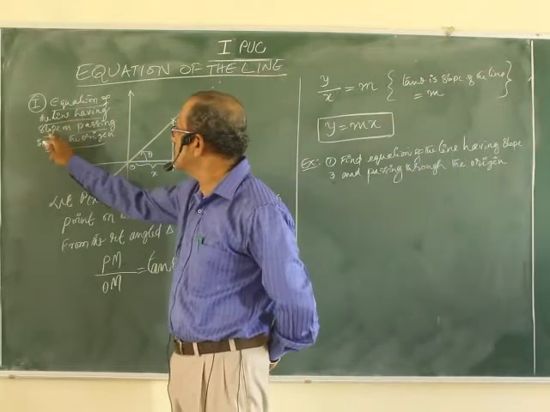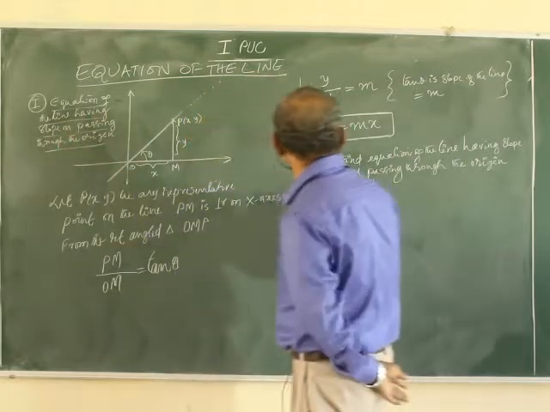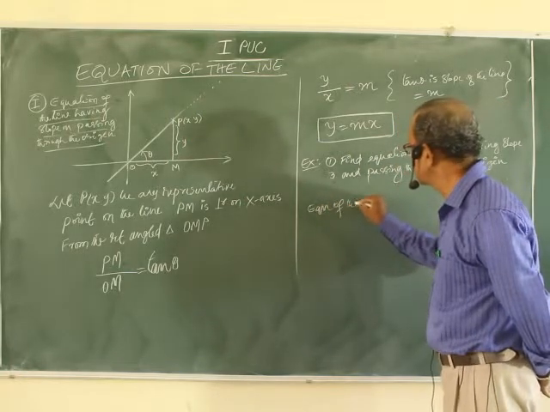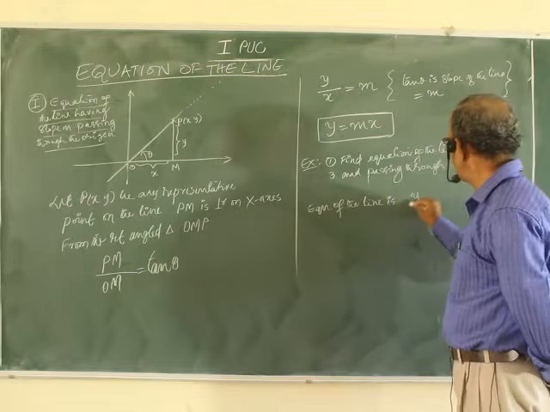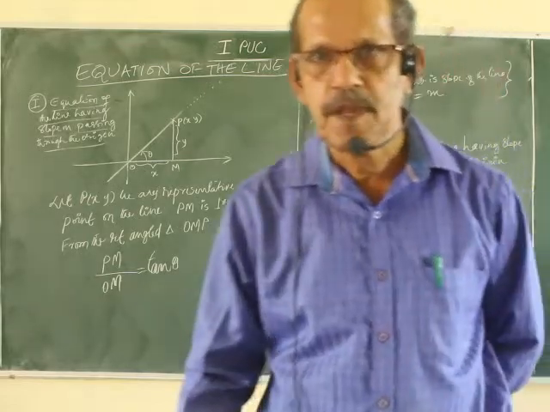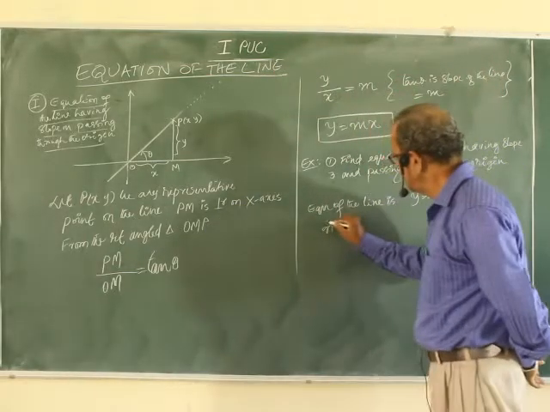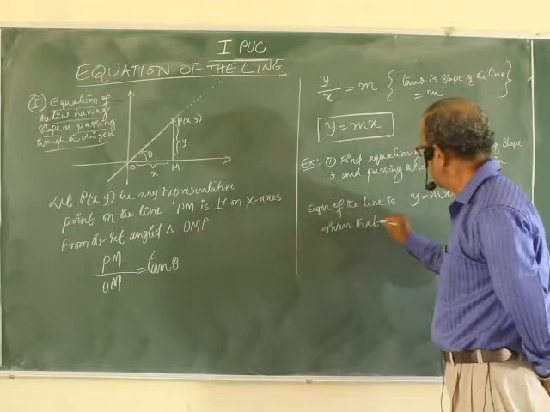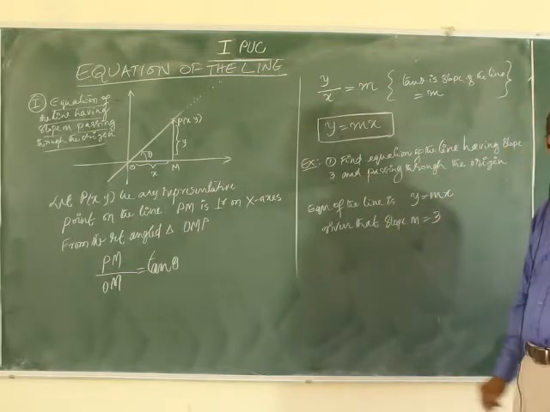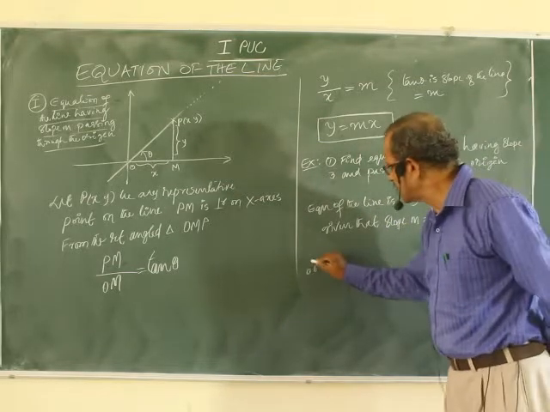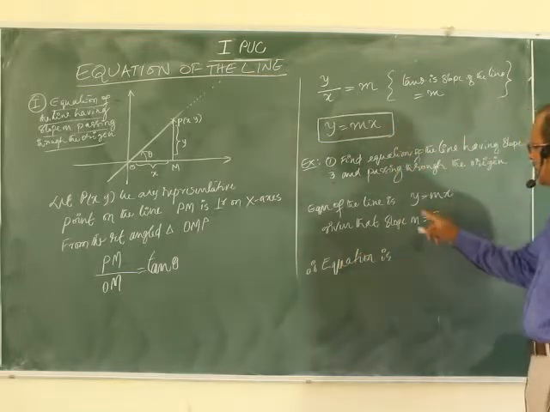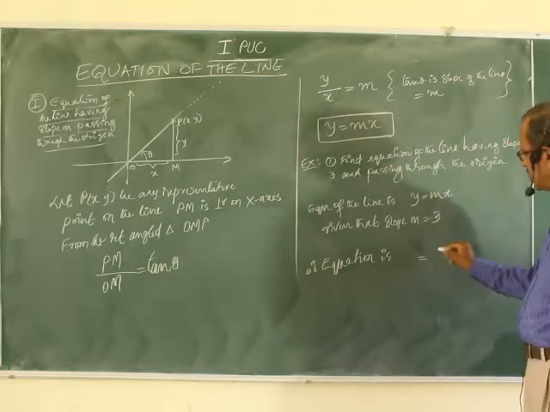Equation of the line having slope m passing through the origin is y equals mx. Let me write the formula. Equation of the line is y equals mx. Now given that slope m equals how much? 3. Therefore equation is y equals, m is 3.